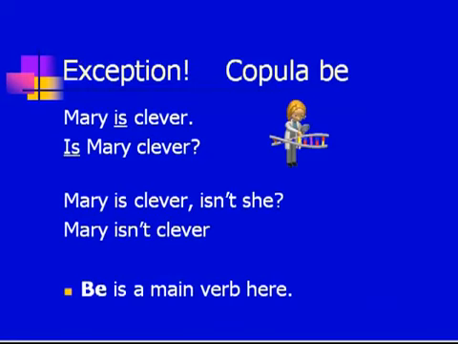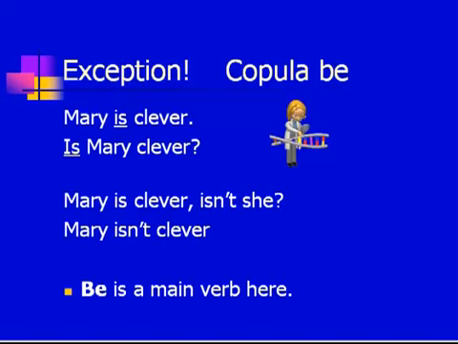Now, there's one exception to these rules, and that's copular be. So if you say Mary is clever, clever, of course, is an adjective, so there's only one verb in this sentence, is, but if you do the tests for auxiliaries, it behaves like an auxiliary. So you say, is Mary clever? So you get subject-verb inversion.